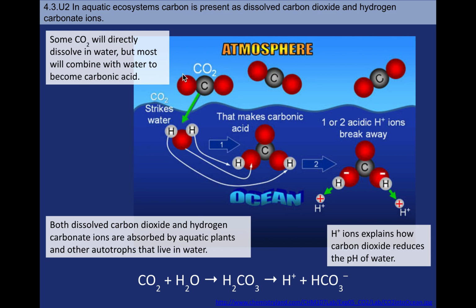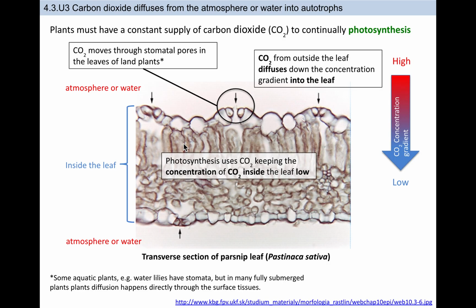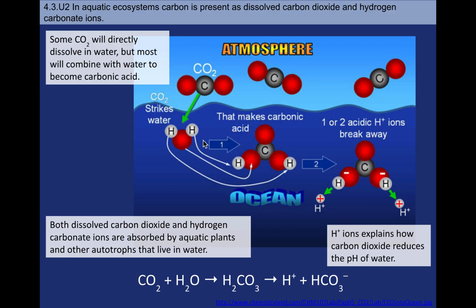So here is carbon dioxide, a carbon and two oxygens, in the atmosphere. It's going to dissolve into the water, and it's going to interact with this water molecule here, and you're going to end up with carbonic acid, which is 2 hydrogens, 3 oxygens and a carbon. We call that carbonic acid.